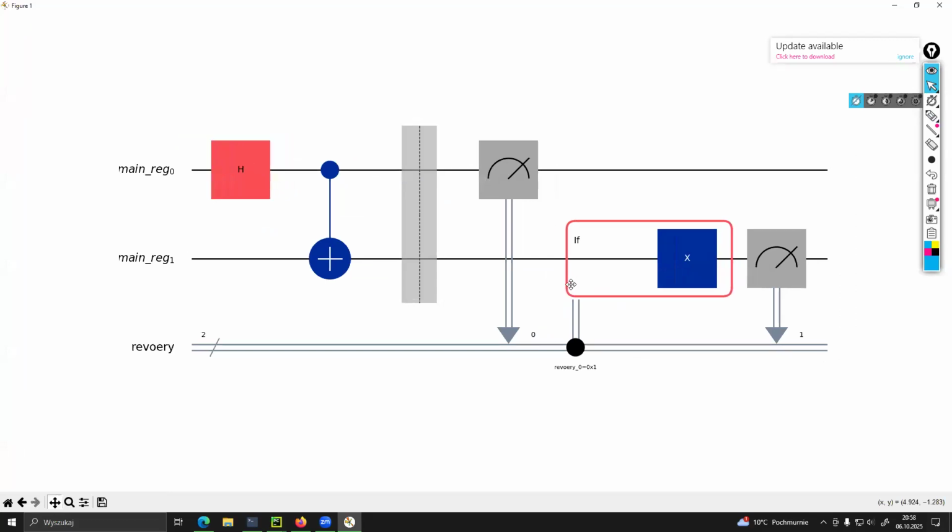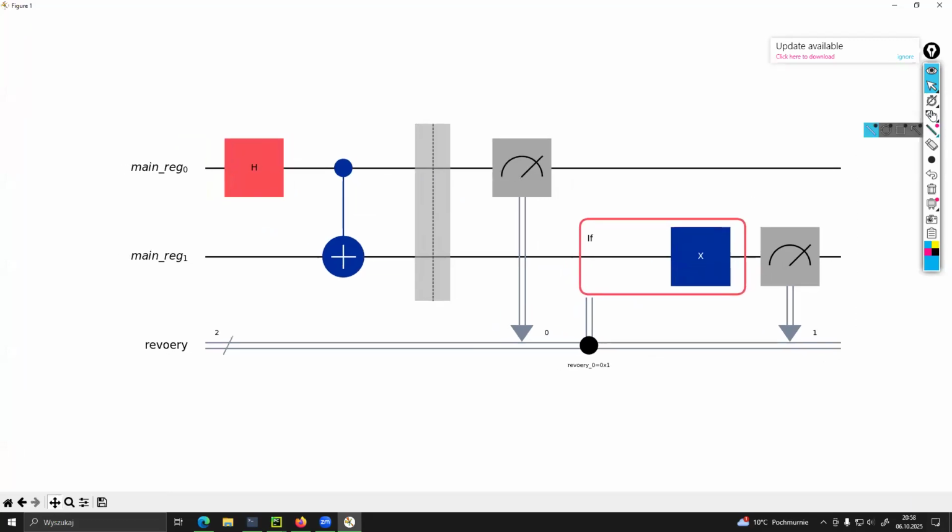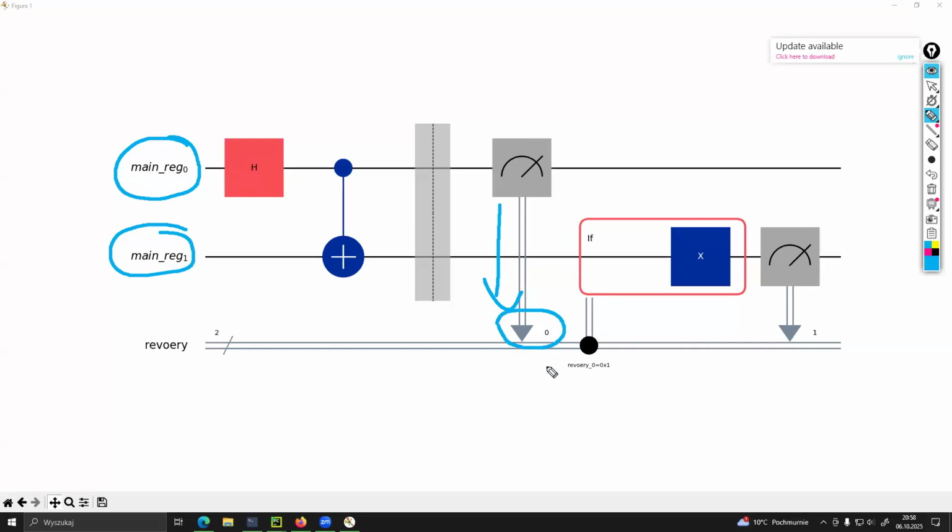So as you can see here, this is our circuit. We had two main registers, and we did a measurement on classical bit 0. I messed up with the name of the register.